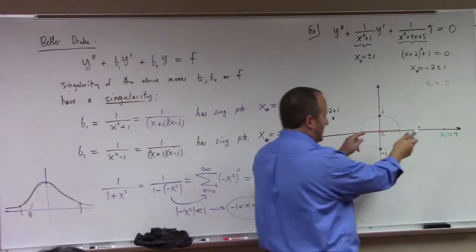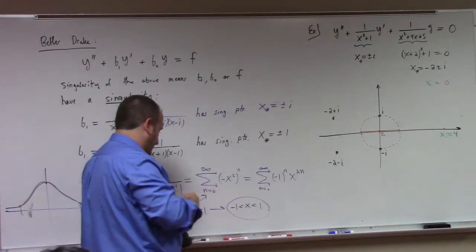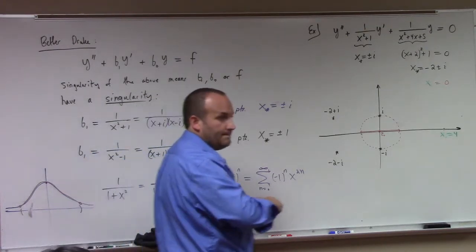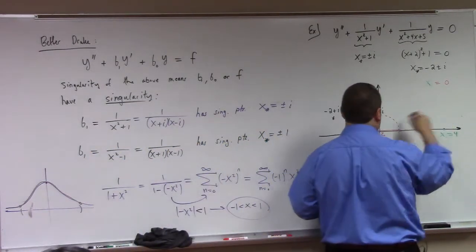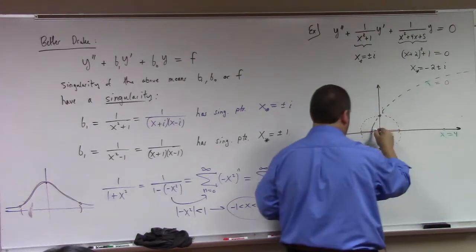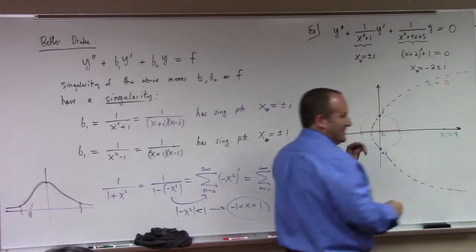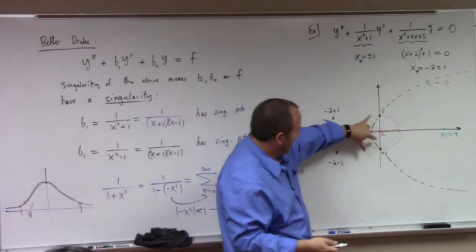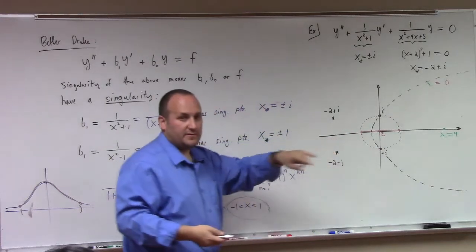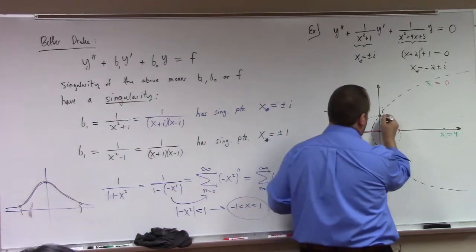And then as you look in the complex plane, what's the nearest singularity that it hits? I was trying to do a circle. I didn't do badly, but the point is it hits the plus and minus i. It hits both of those on a circle of a certain radius. And you can see the radius right here, right?